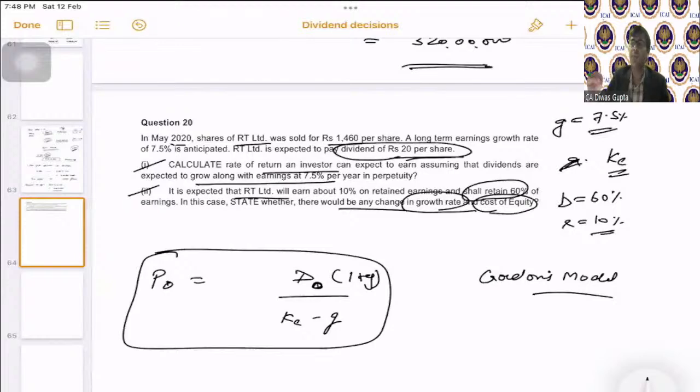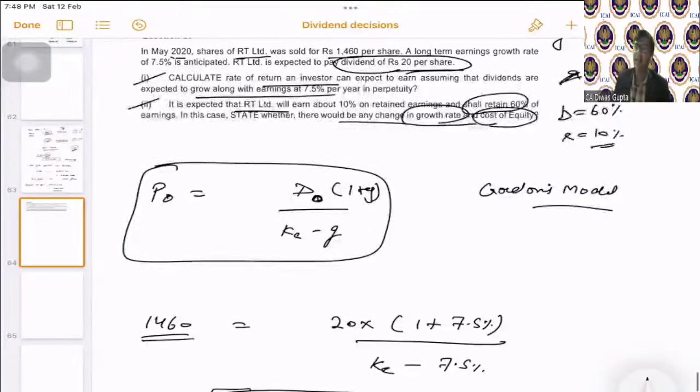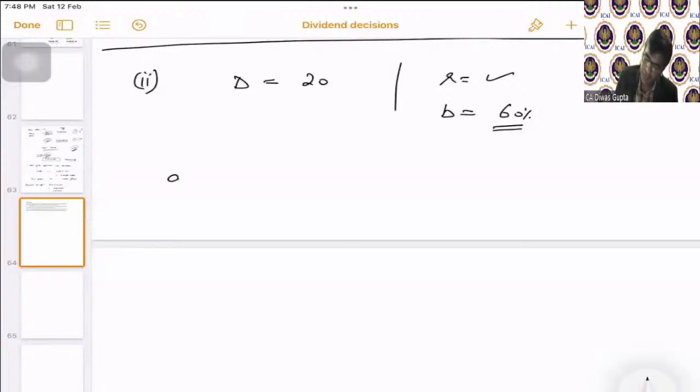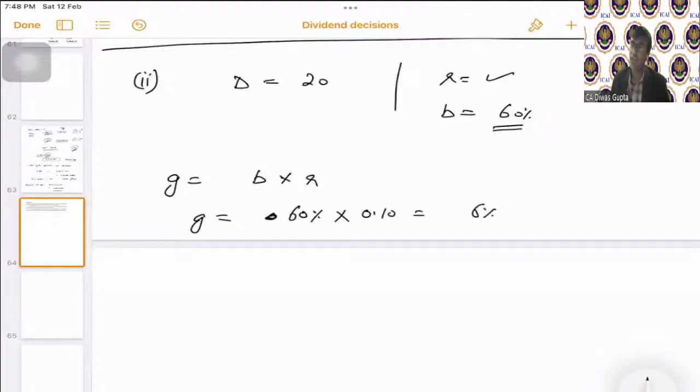Now, to compute that, first of all, we can say that growth is equal to B into R. So growth is equal to 60% multiplied by 0.10, which is 6%. So the revised growth rate is 6%. Correct? What was the earlier growth rate?